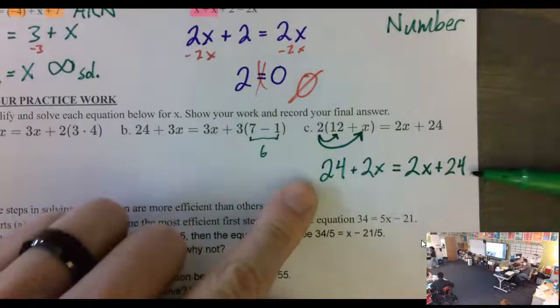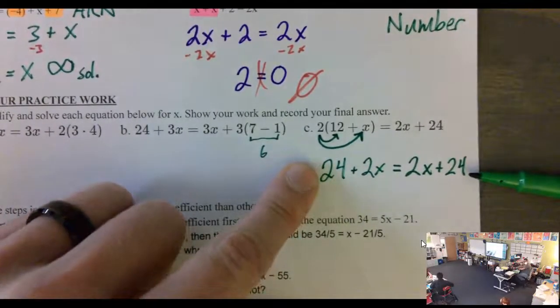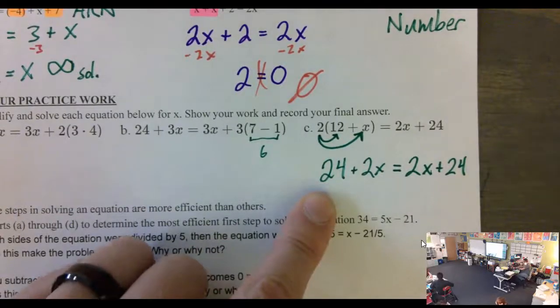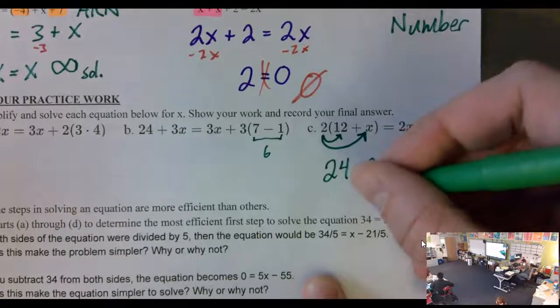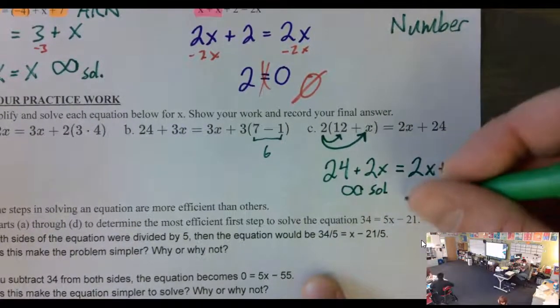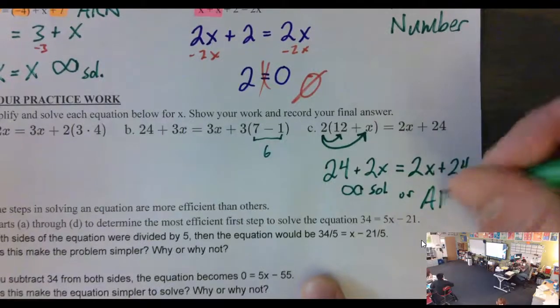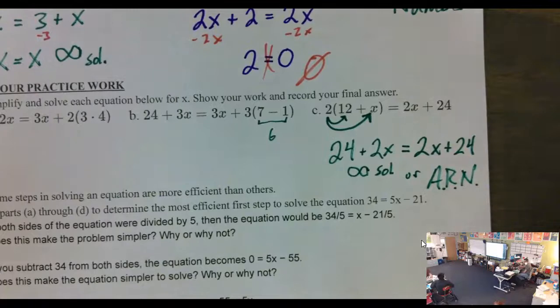You don't need to go past this step to be able to say left side equals right side. This is always true. So you can either write infinite solutions if you like the infinity sign, or you can write A, R, N. All real numbers. X can be anything.